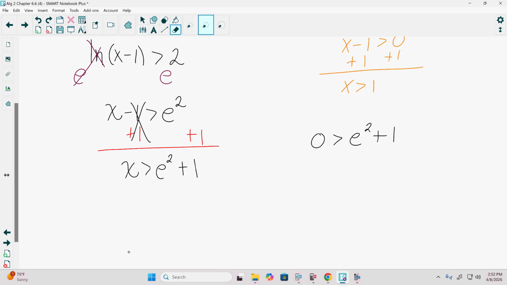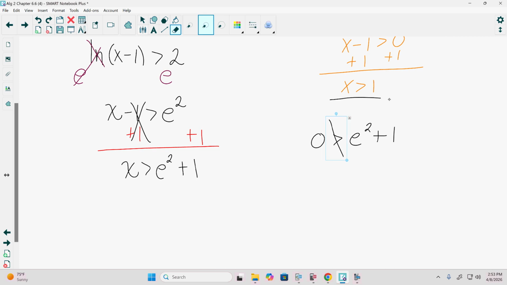So this is not true, which means, are our restrictions included in our solution? Well, no, because the values that would make what's inside this logarithm be negative or 0 do not make x greater than e squared plus 1 be true, yes? So those restrictions are not included in the solution set.